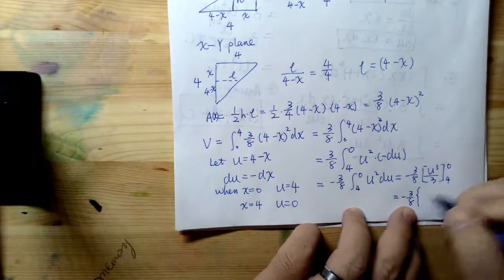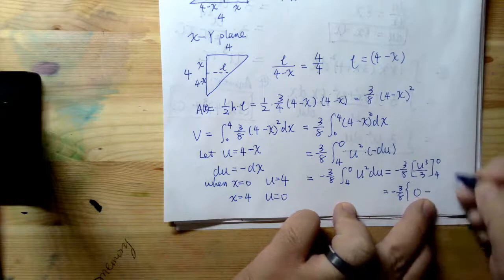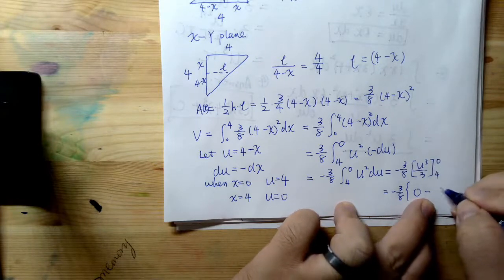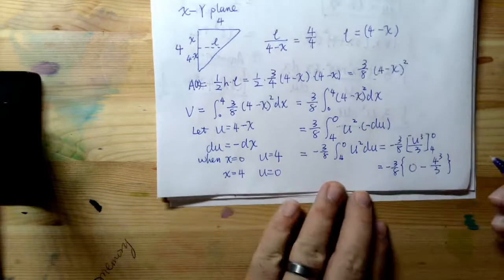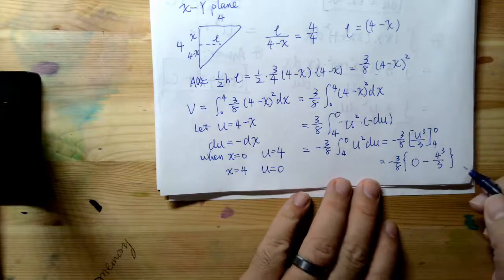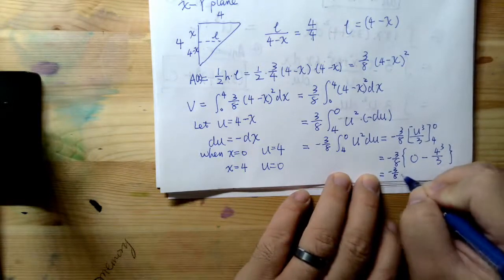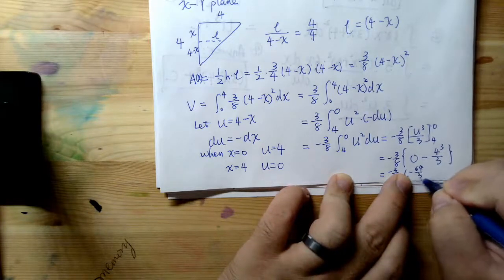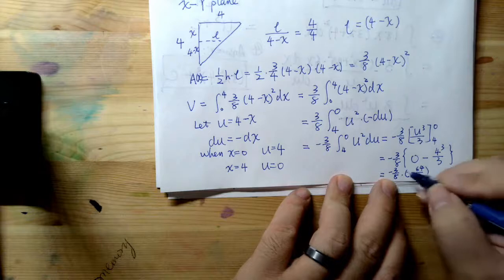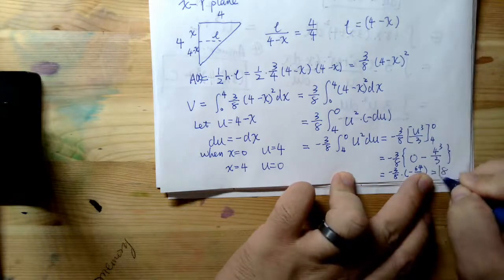So it's 0 minus, you put 4 there, so it's 4 cubed over 3. Then you can simplify this: negative 3 over 8 times negative 4 cubed over 3, which is 64 over 3. It turns out the 3 over 3 cancel out, negative times negative is positive, and then 64 over 8 is 8.